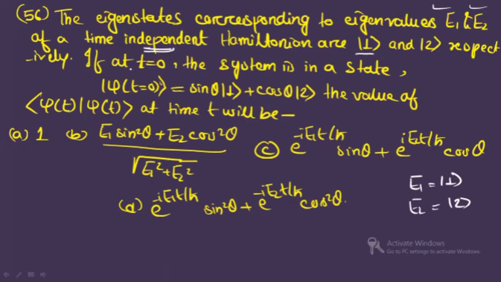Now, if at t equals 0 the system is in a state psi(0), you have to find the inner product of psi(t) and psi(t) at time t. Clear? So psi(0) is given to us as sin theta |1> plus cos theta |2>.